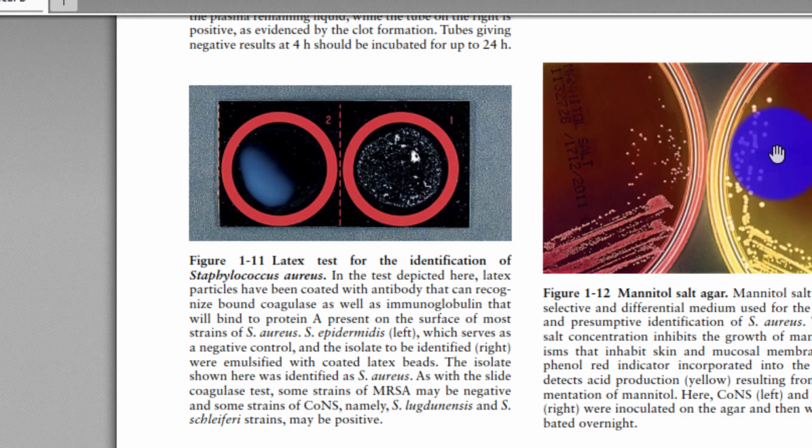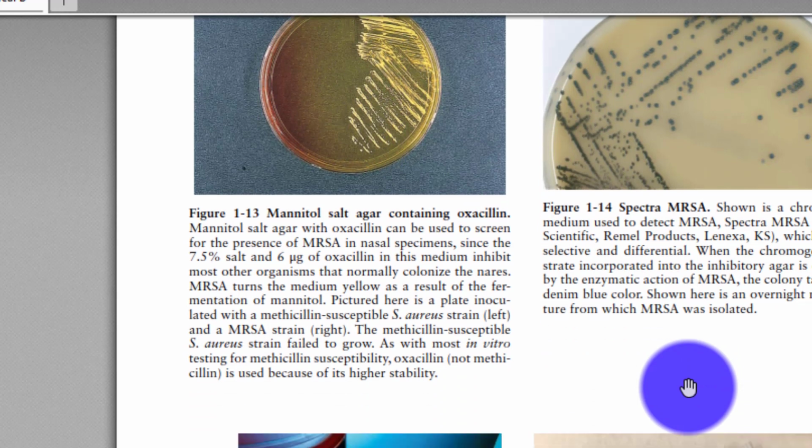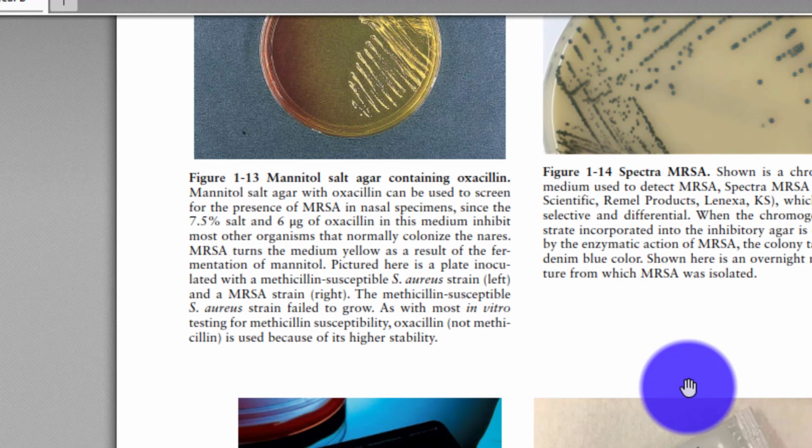Mannitol salt agar containing oxacillin. Mannitol salt agar with oxacillin can be used to screen for the presence of MRSA in nasal specimens, since the 7.5% salt and 6 micrograms of oxacillin in the medium inhibit most other organisms that normally colonize the nares.